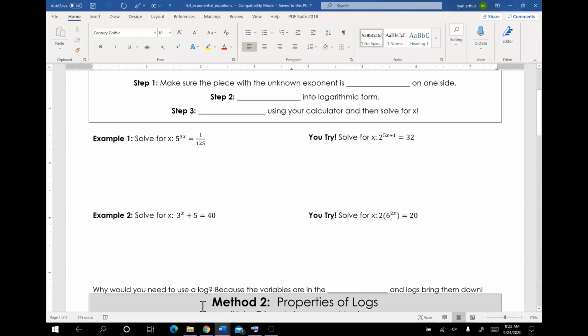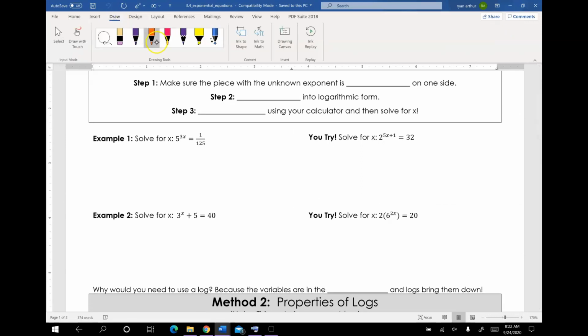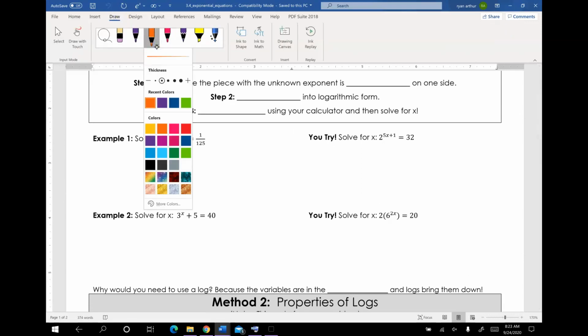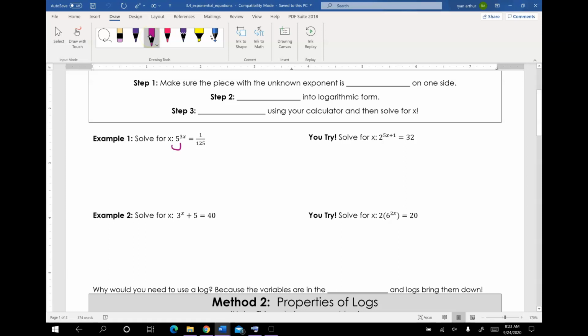All right, so let's pick another color, because I know you love my colors. I know y'all do. All right, so again, left-hand side is line 1. Right-hand side is line 2, okay? So this one's going to be 5 to the 3x equals 1 over 125, okay?